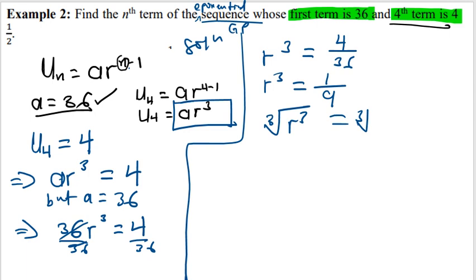Then we have r equal to 1 over the cubic root of 9, which is the same as 1/9 all to the exponent 1/3.